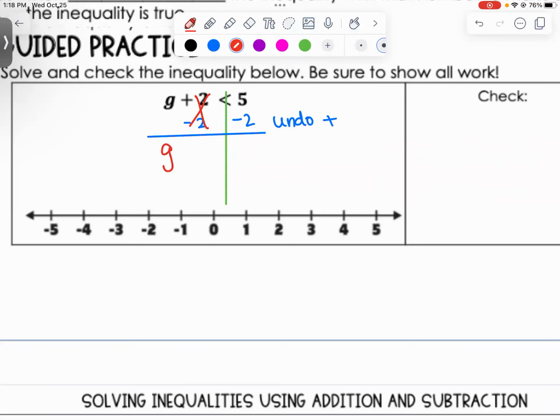We're left with G. Over here, we're left with 3, and we still have our inequality, okay? The answer is not 3. The answer is G is less than 3. I need all of it. I had some people starting their homework last hour who are just giving me numbers. That's not it. I need the whole entire inequality. Okay?